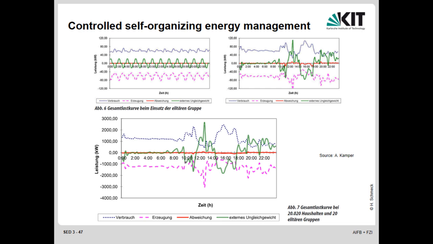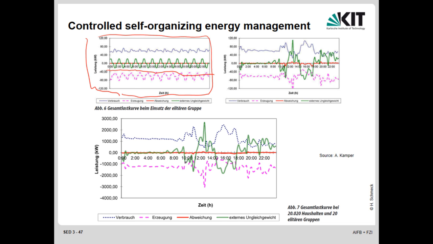Just a few diagrams in the end here on what kind of things can be achieved if you have that elite group. So this here is showing a situation where you have a certain deviation, like you have your load curve, and here you have some very regular disturbance. You have more power generation, less power generation, more power generation, just very regular.